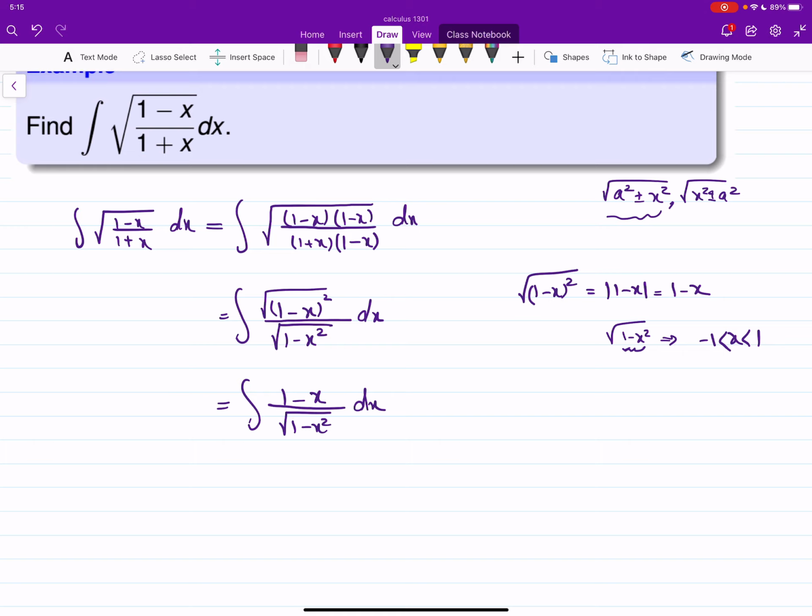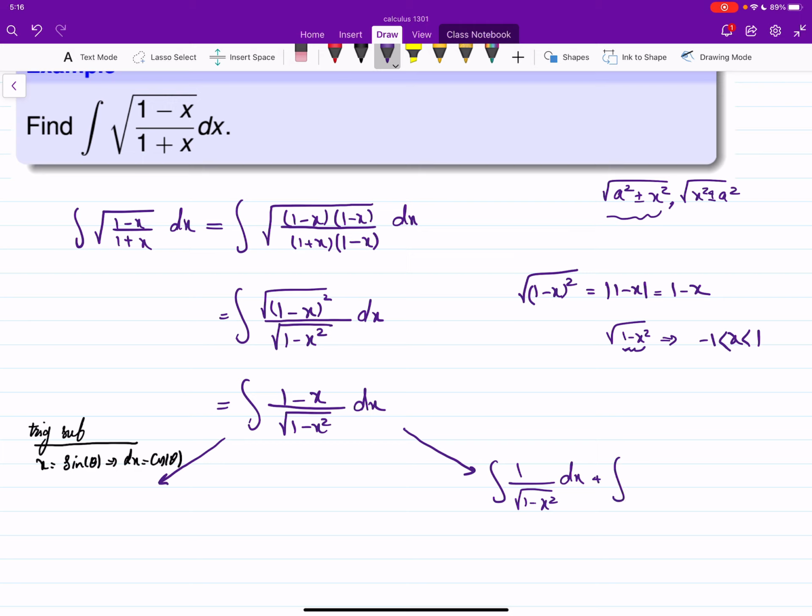Okay. You can now go with the trig substitution. This is at least what we started with, yes? So set x equal to sine theta, then dx is going to be cosine theta. Or, since now I changed it, I didn't have the plan for this, but I changed it. Now I can do some simplifications.